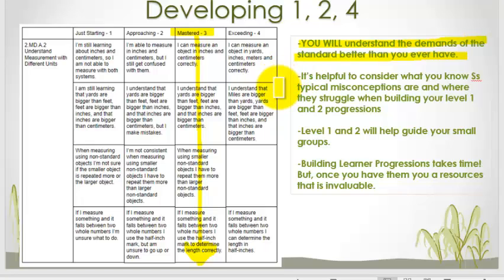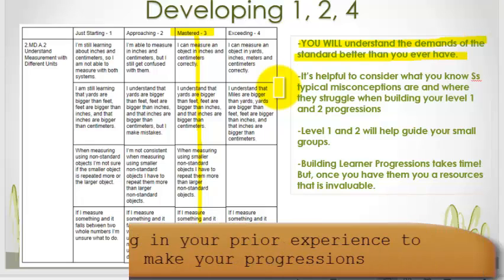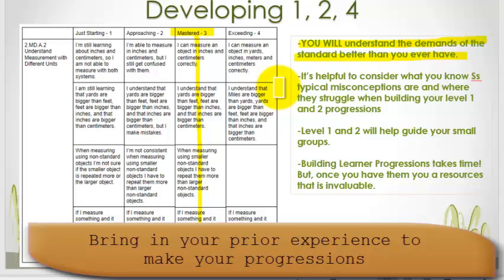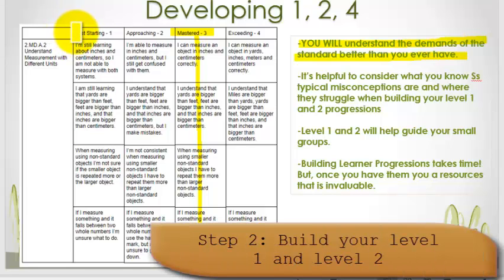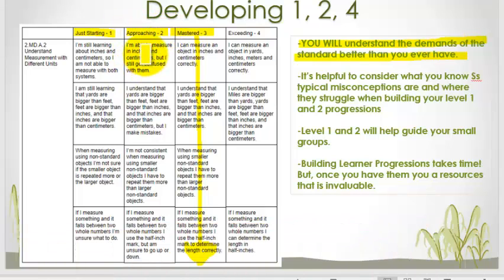It's also helpful to consider what you know students typically have misconceptions on, or where they have difficulties. If you've been teaching for a few years, rely on that to help you build your lower levels. So, for example, starting here, level 1, and approaching level 2, all of this language here, we know that where I'm putting this green dot, this is mastery.